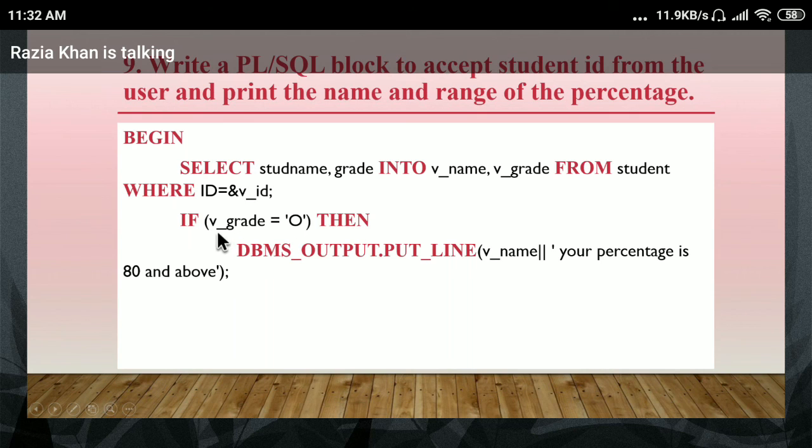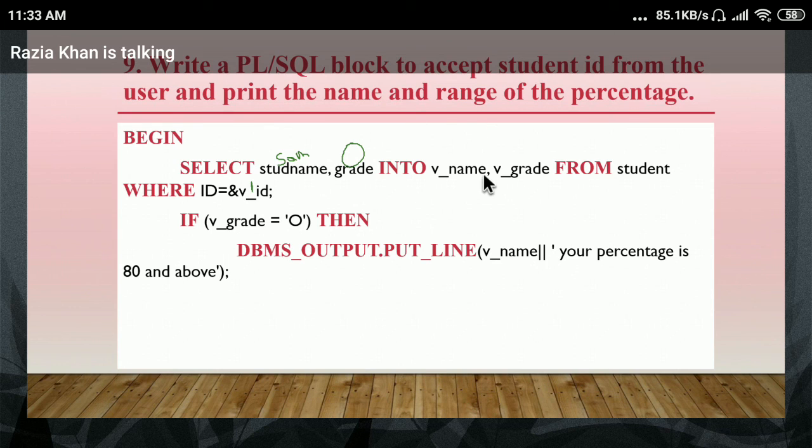Your condition is that you need to check if the user enters one, this query will fetch, for example, grade O, so it will check v grade equal to O. For example, this query will run if the user enters ID as one, and if the student name for that ID is, for example, Sam, and the grade is O. So this query will fetch these two things, name is Sam and grade is O. After fetching, these two things will be stored in these two variables.